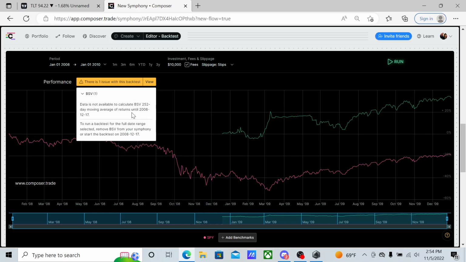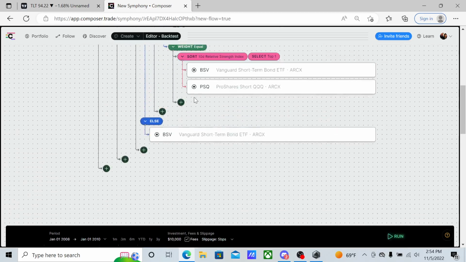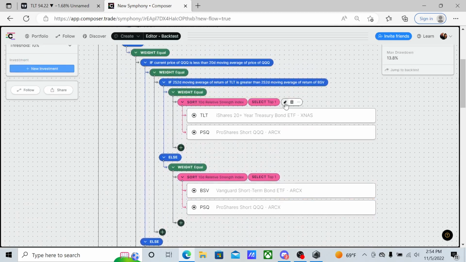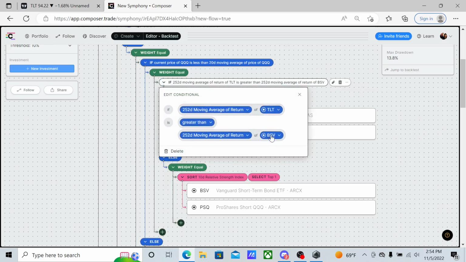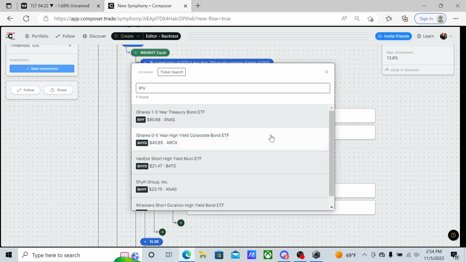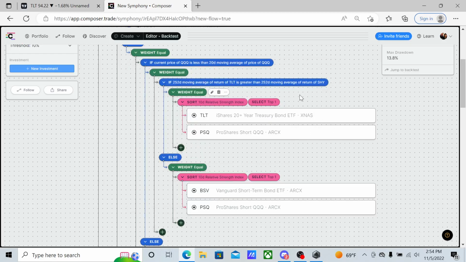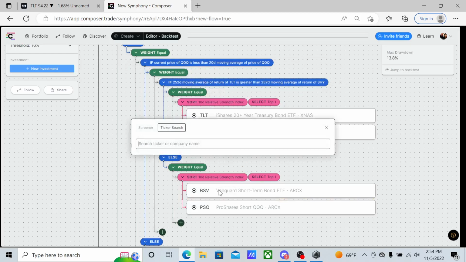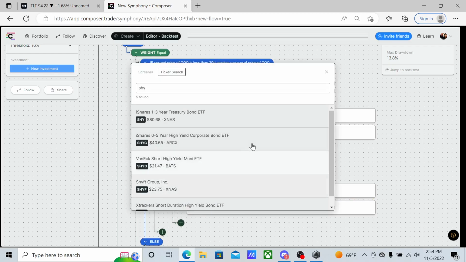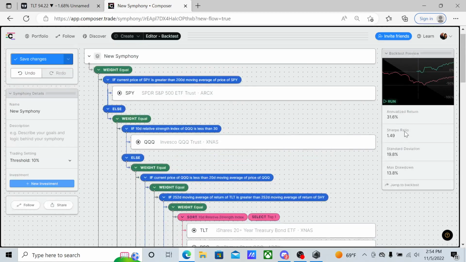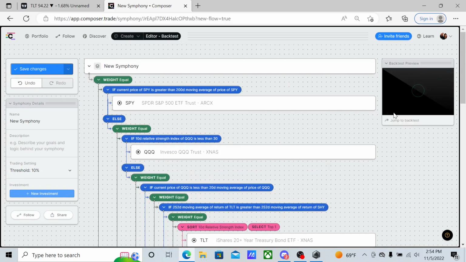Oh, I can't. 252 day moving average of BSV. Okay, let's use SHY. SHY should be relatively close to BSV. There we go. Okay, so 65 and 18.